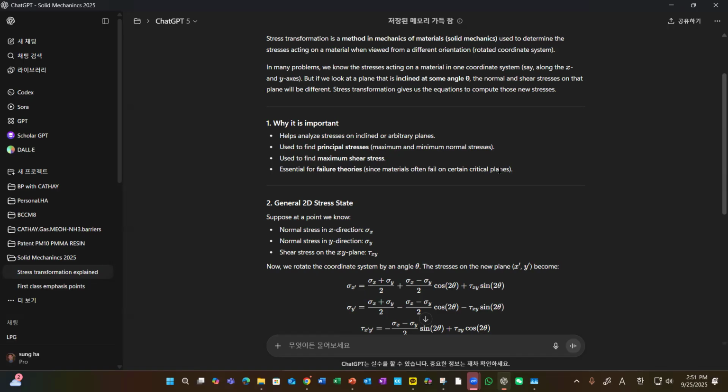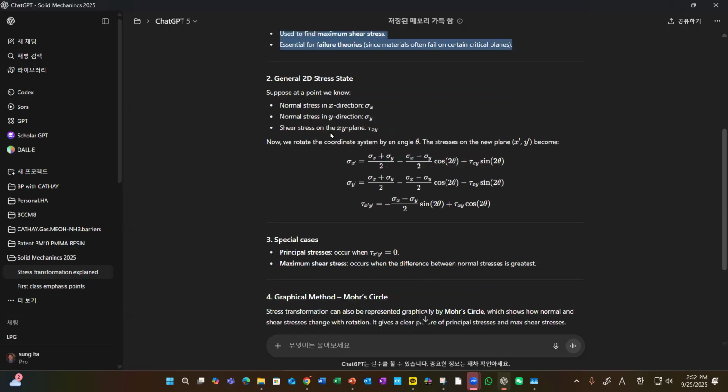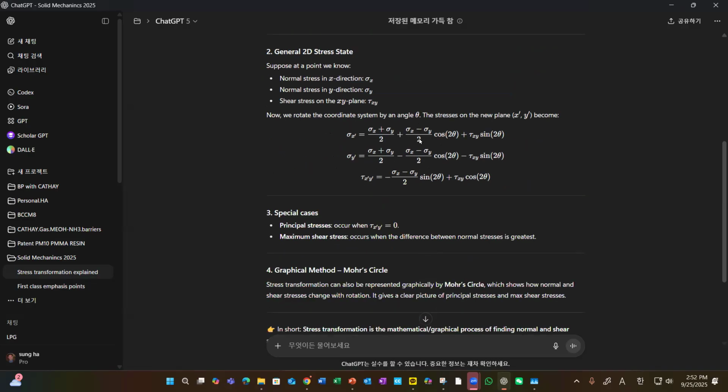It is essential for failure criteria. I did not consult with it. It is my long 35 years of familiarity with solid mechanics and strength of materials, and ChatGPT is emphasizing exactly the same thing. It has not heard my lecture. It is synthesizing materials from all over the world over a long period, and as you can see, it is exactly the same point I emphasize and what you are learning. General 2D stress state, I don't want to repeat. This is exactly the stress transformation in terms of 2 theta.